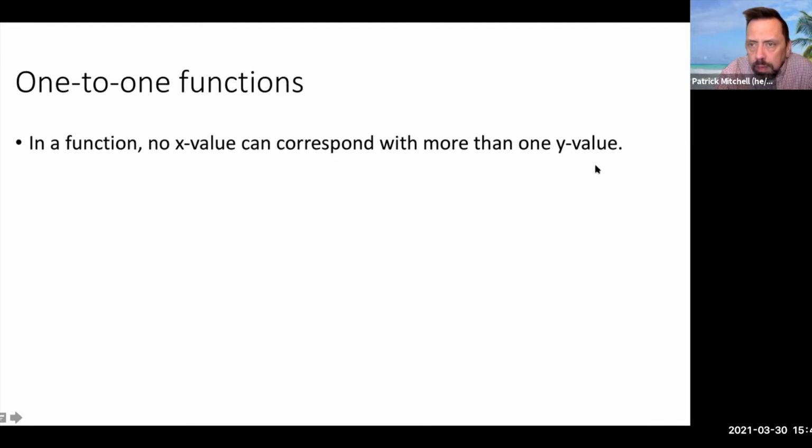For example, it doesn't make sense for the x value 2 to go to both the y values, let's say 1 and 3. If you had a rule like that, it would not be a function.